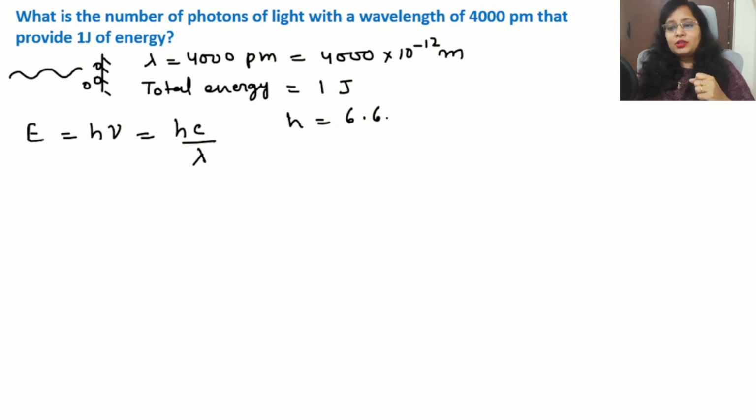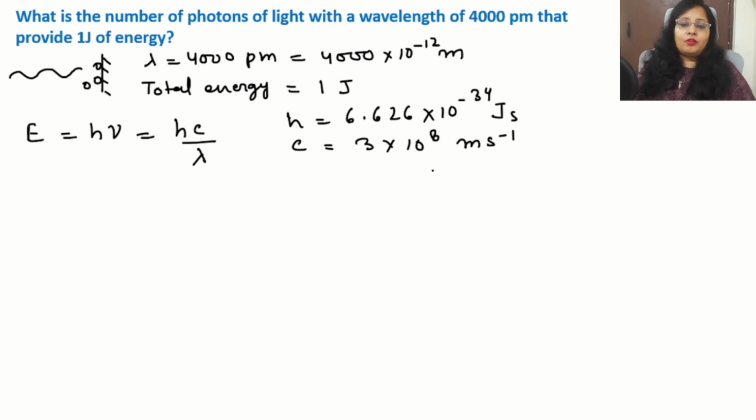Its value is 6.626 into 10 to the power minus 34 joule second, and c is the speed of light. Its value is 3 into 10 to the power 8 meter per second. Now putting all these values in the formula, we will get the value of energy of 1 photon.